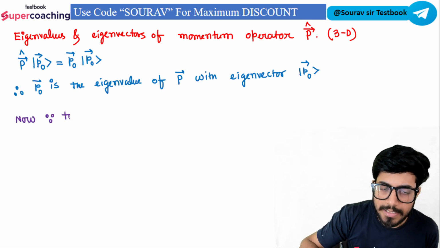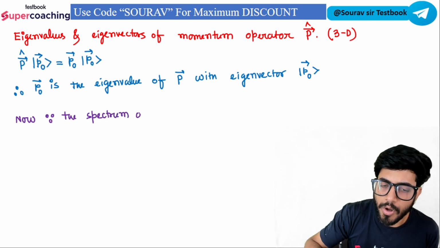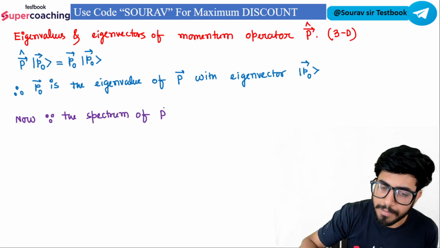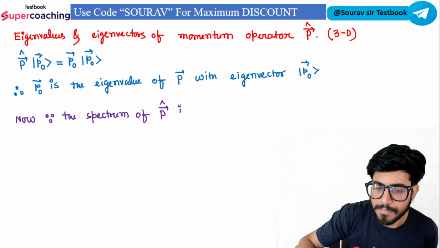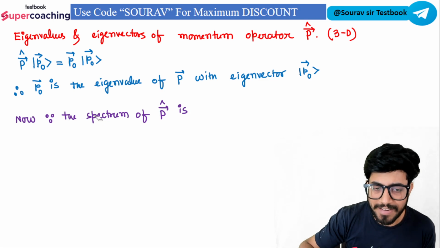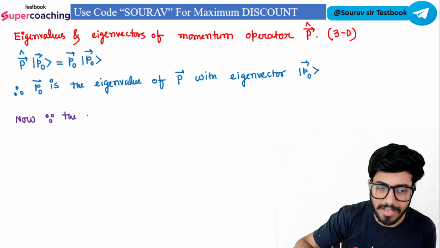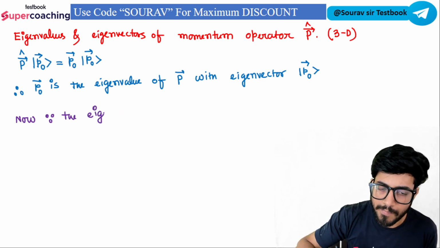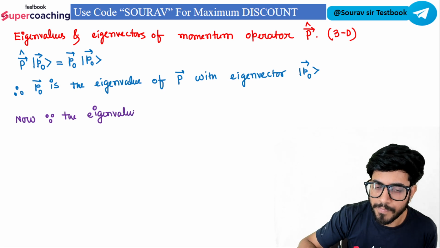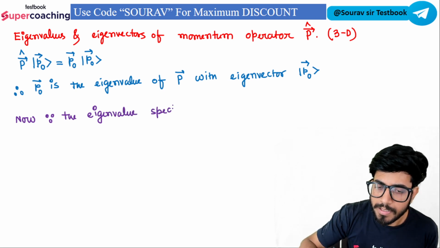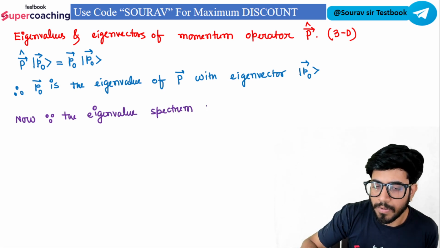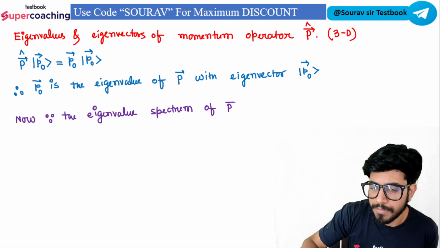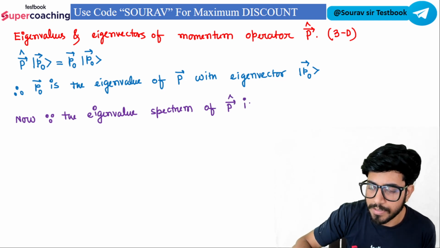Since the spectrum of momentum operator P is continuous, spectrum means eigenvalue spectrum, I should rather mention the eigenvalue spectrum of P vector operator is continuous.